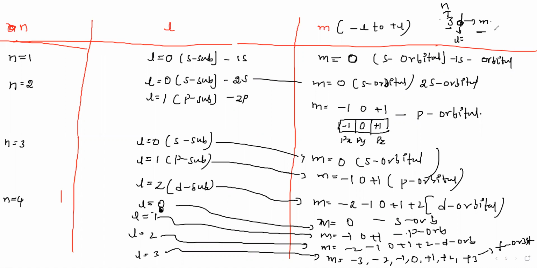I think everyone understood. Is it clear or are you getting any doubts? Okay, is it clear? If you get any doubt, you can ask in chat box, no problem.